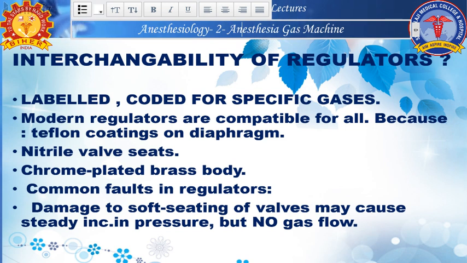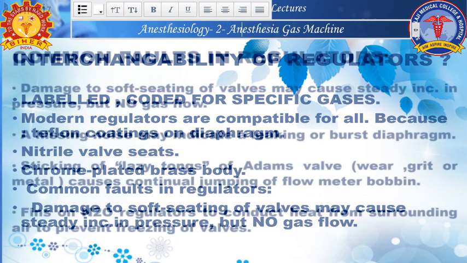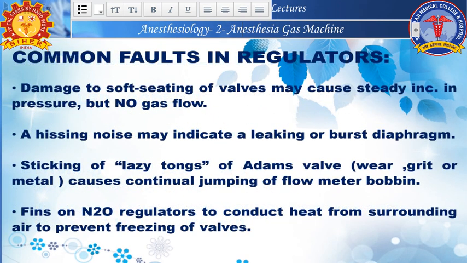Damage to soft seating valves may cause a steady increase in pressure. The pressure will keep on increasing, but ultimately there won't be any gas flow. So we should be careful. The hissing noise may indicate either a leaking or a burst diaphragm.